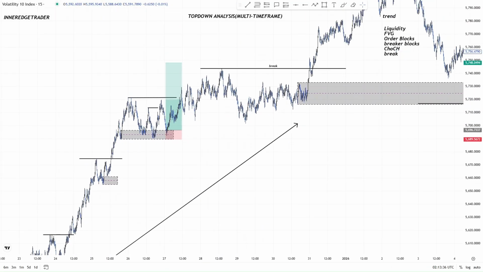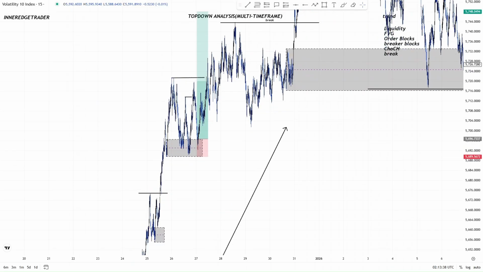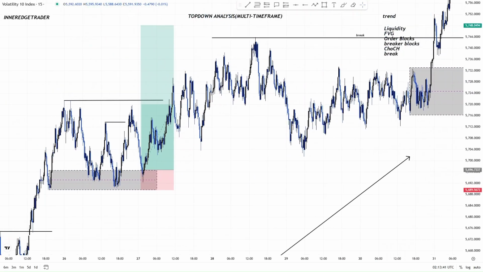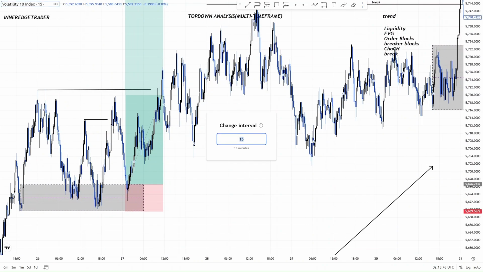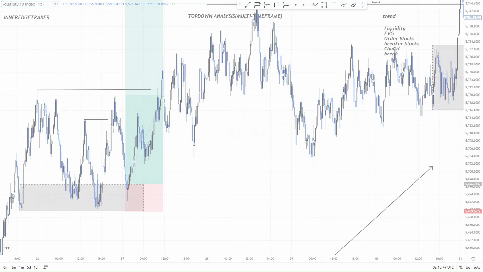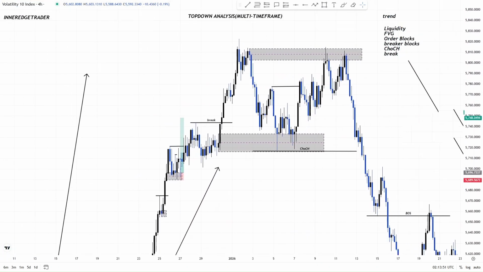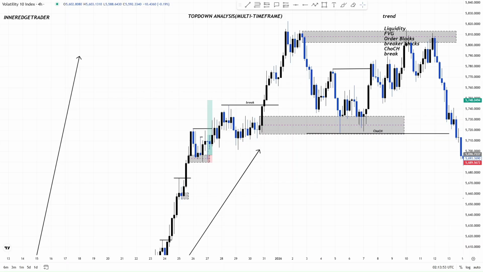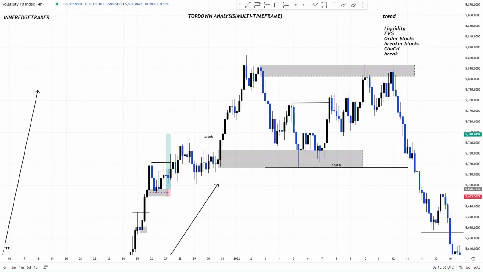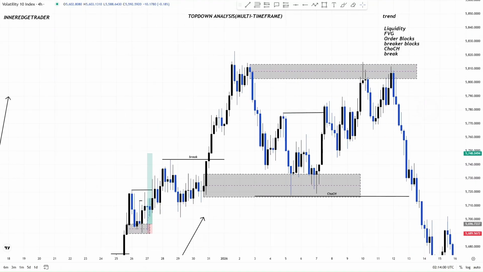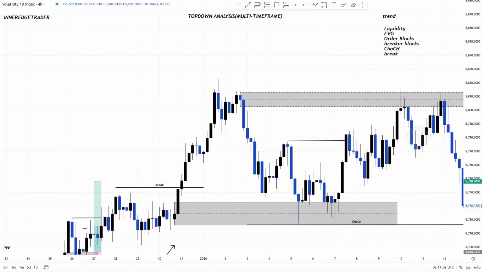Okay, that's one. Then next, on the 4 hours, we can see a break of structure that led to more breaks of structure.